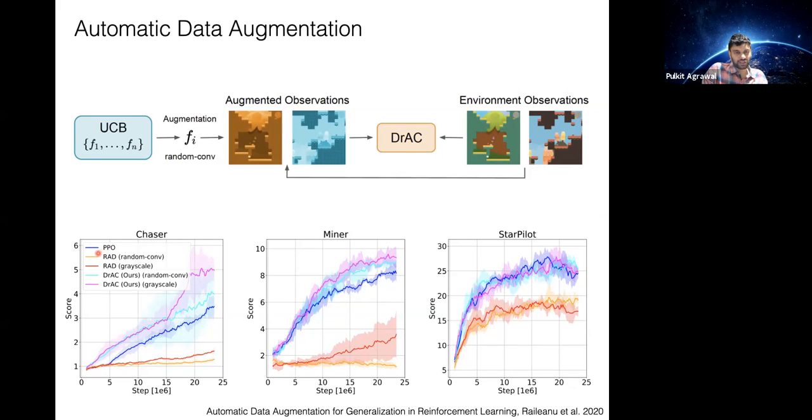And we can also empirically look at the results. What these graphs are showing is, PPO is shown in dark blue. Then if you just do uniform randomization, that is the orange and the red lines, right? So sometimes uniform randomization can really hurt performance. And the light blue and the pink lines are what you get if you do this adaptive augmentation.